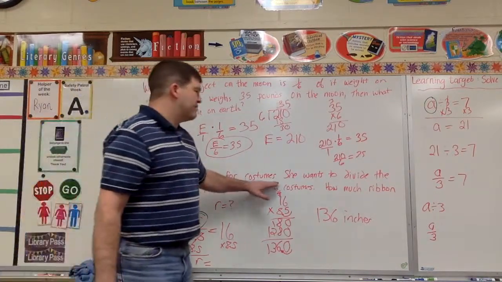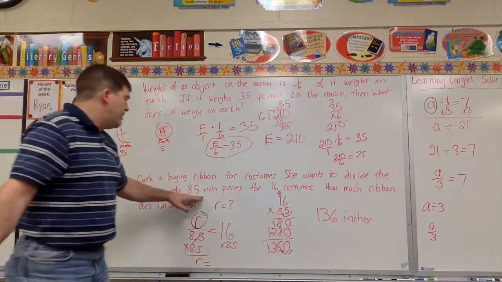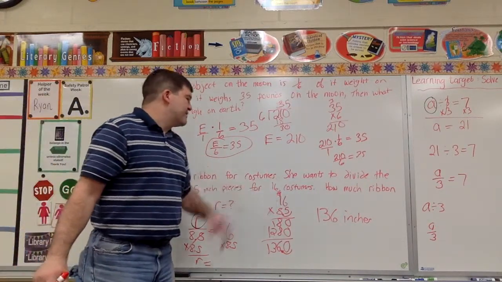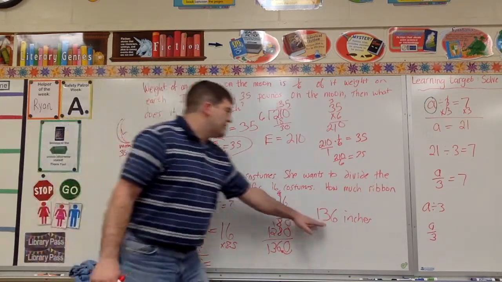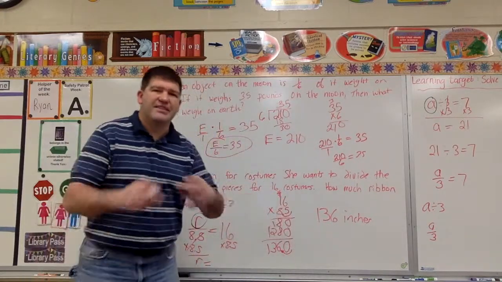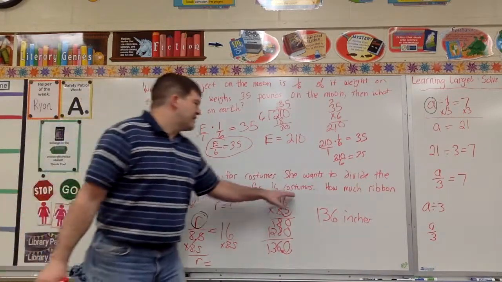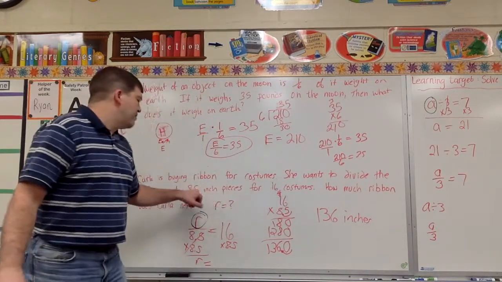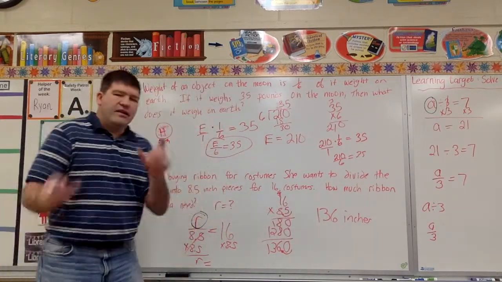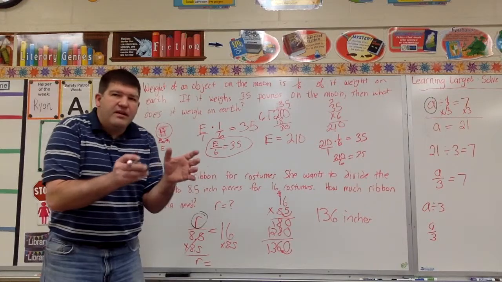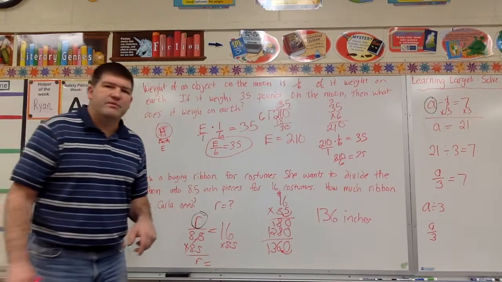Now, let's make sure that makes sense. Carla's buying ribbon for costumes. She wants to divide the ribbon, the total ribbon, into 8.5-inch pieces for 16 costumes. Okay, so if I take this 136 inches of ribbon I think I have, and divide it into 16 costumes, I should get 8.5. Or if I divide 136 into 8.5 pieces of ribbon, I should have 16 pieces that's going to be good for 16 costumes.